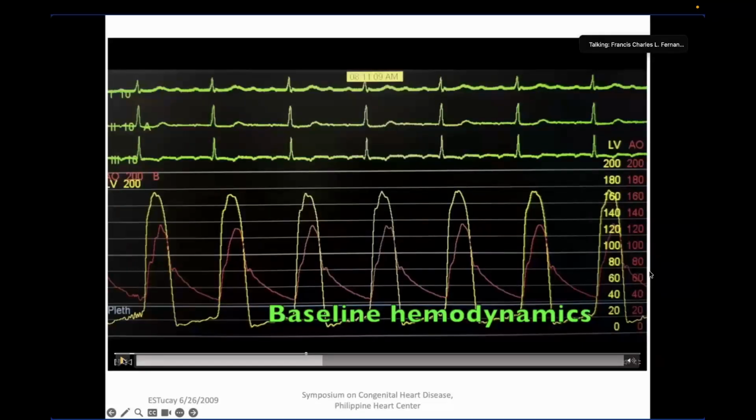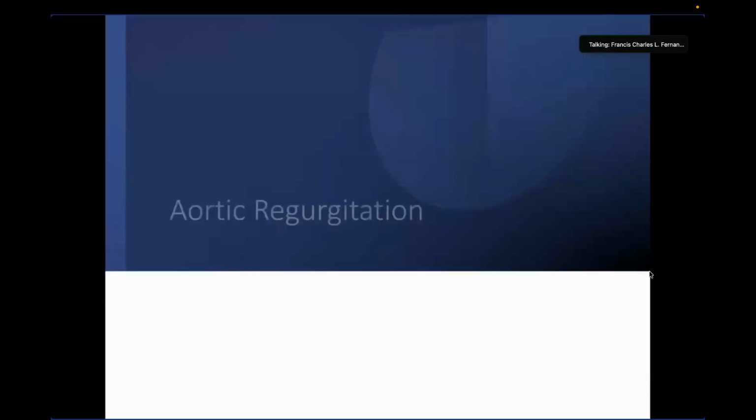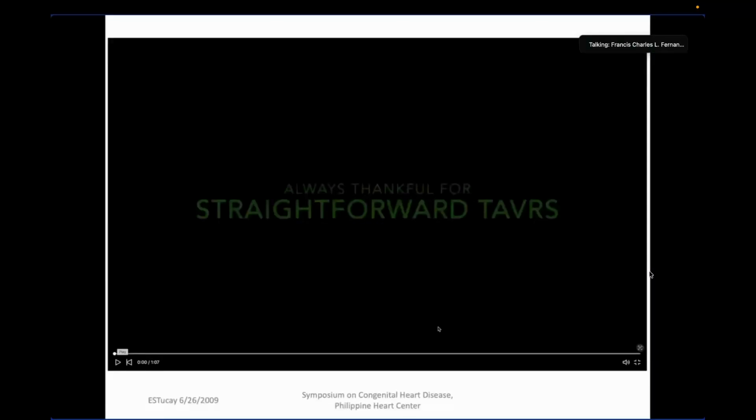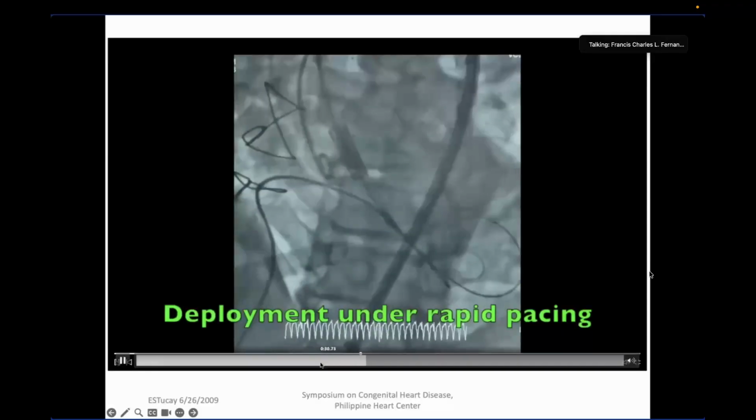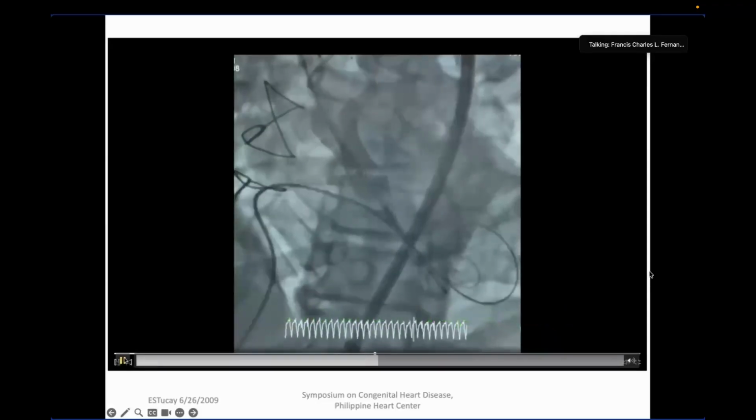This is before the TAVR. All right, so later on, this is the procedure. So we deploy it in rapid pacing. You see the ECG, we're pacing very fast so that we're able to place through the femoral artery.